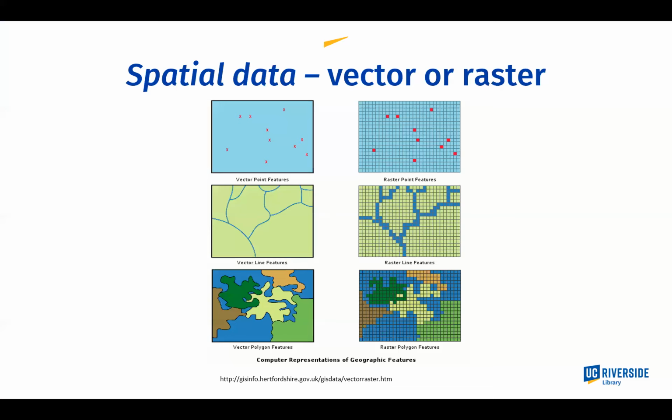But let's take a look now at the two basic data types that you'll find in a GIS. There are some other ones that are more specialized, but these are the two basic ones. On the left-hand column, we see vector data, and vector data kind of mimics what a hand-drawn map would look like.